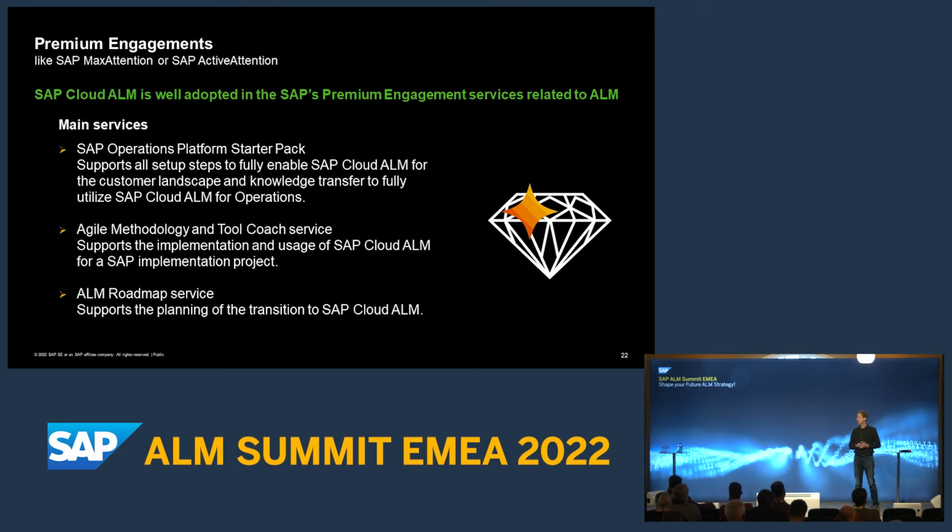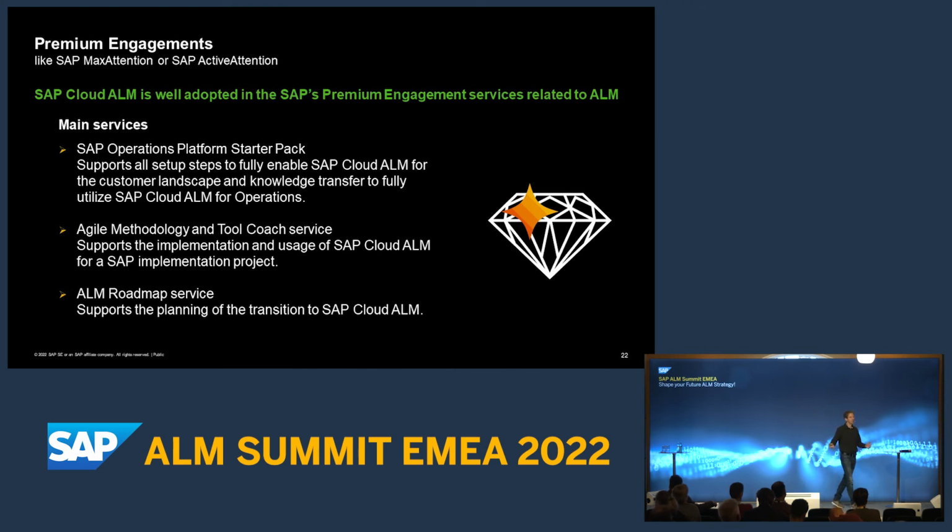Nevertheless, I would like to highlight three services which are pretty important. One is the SAP Operations Starter Pack, a service which supports you in setting up SAP Cloud ALM, connecting all the systems which should be connected, and also provides empowering and knowledge transfer in order to use SAP Cloud ALM for operations.